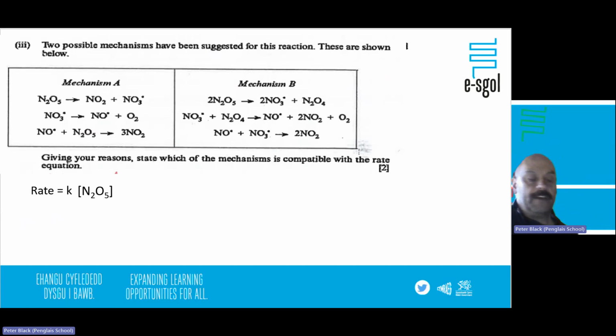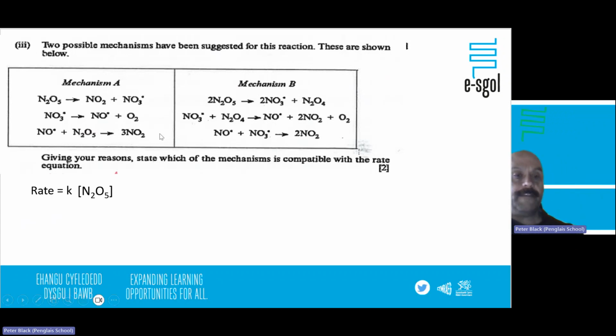If you are first order, you will only have one molecule of you involved in or before the rate determining step. If you're second order, there would be two of you in or before the rate determining step. And that doesn't mean in one step. If your rate determining step is further on in the reaction, then subsequent steps can be added up. Oh, and if you're zero order, by the way, you come after the rate determining step.